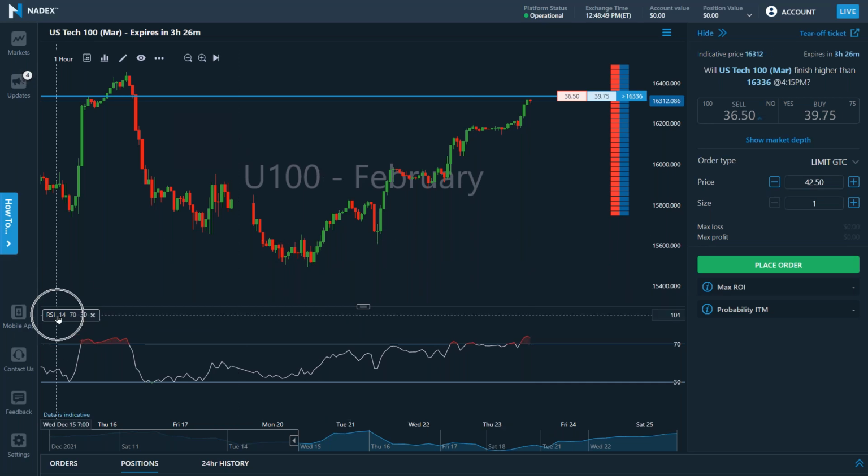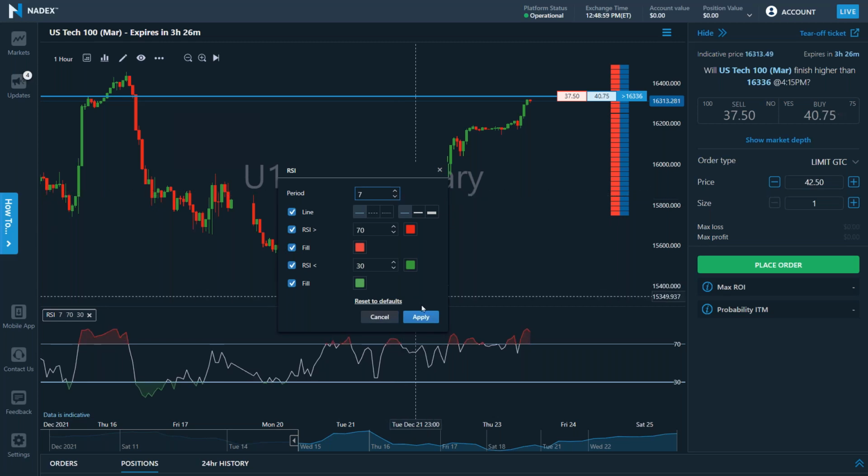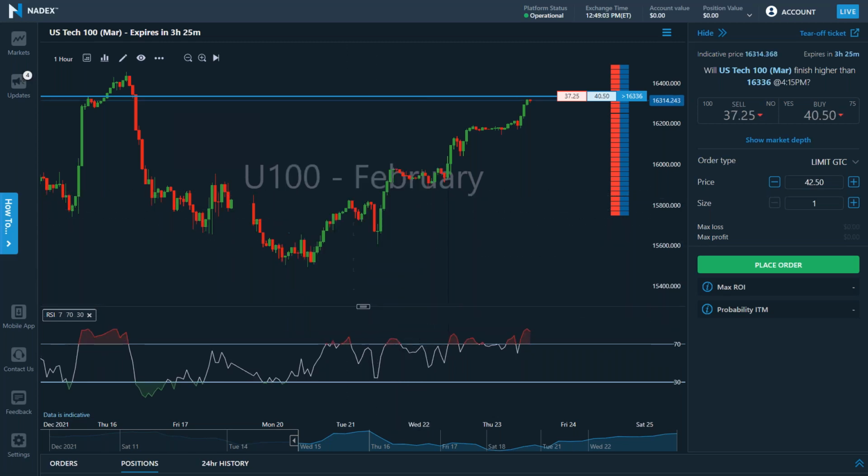You can modify it, but it will come in with the standard formatting. This is a 14-day period. Maybe you wanted to see it over 7. And the relative strength, I'll leave it at 70 and 30. But if you change that, look at this. Now it's way overbought. You'll see how these numbers change.